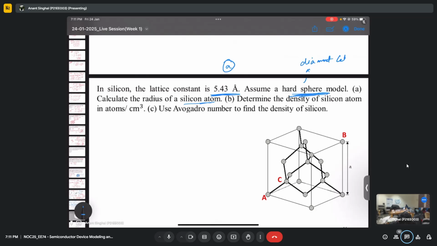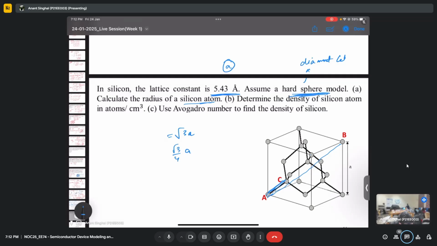Let me check. The distance between A and B will be, I guess, root 3 A, right? Then the distance between A and C. Is it in the face? Okay, so A by root 2. I guess this is root 3 by 4 A because of the centered nature.